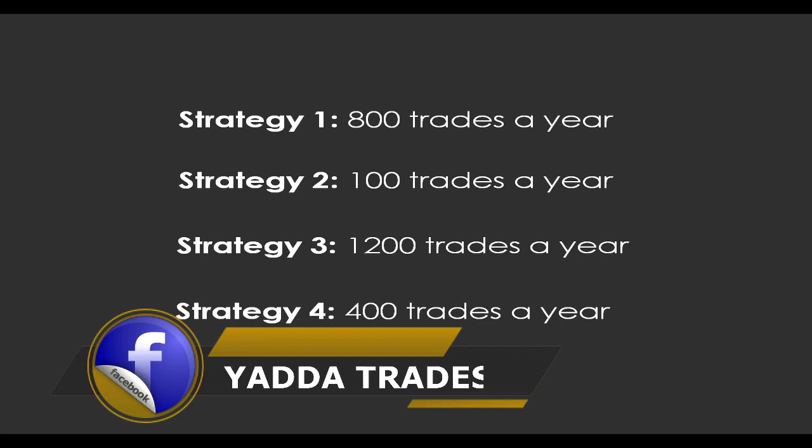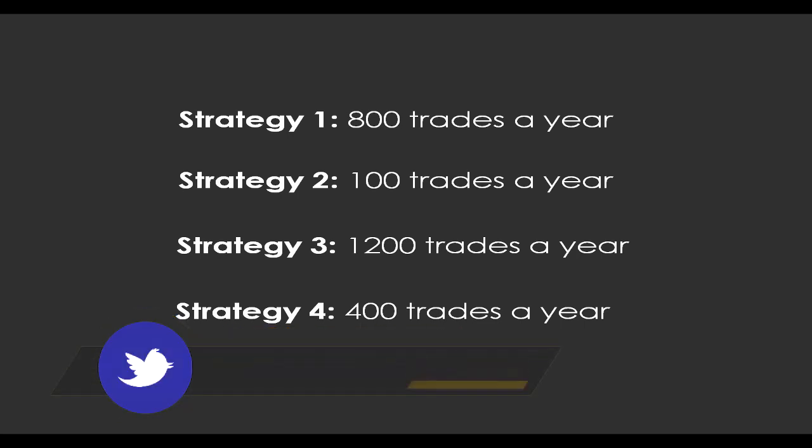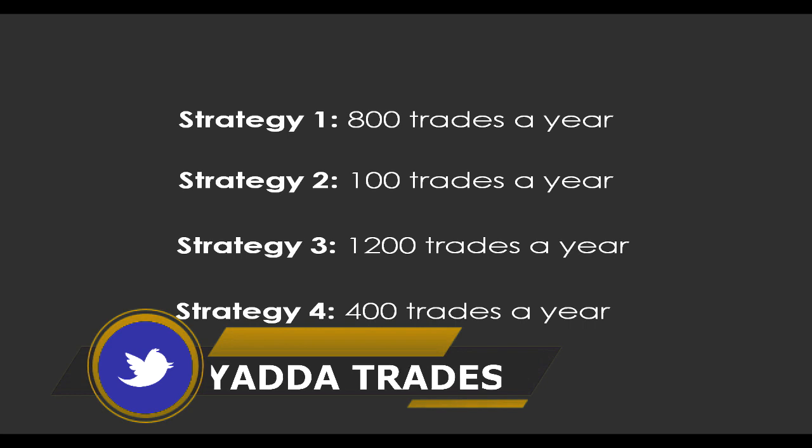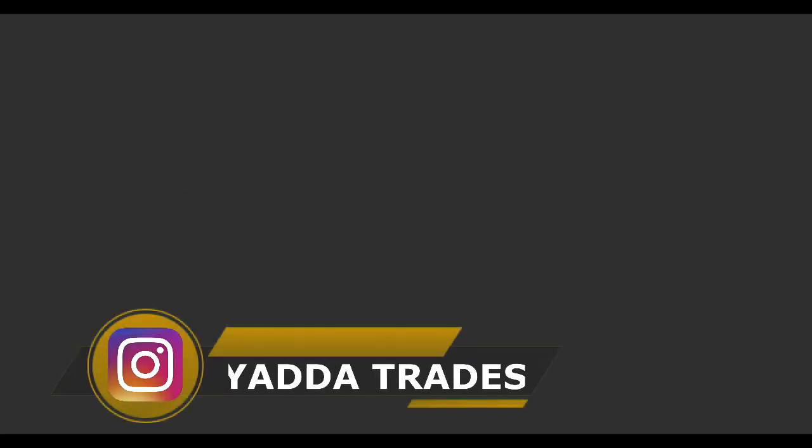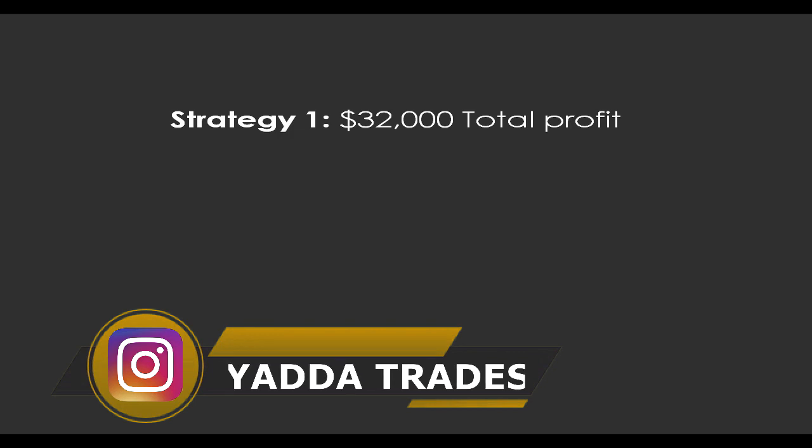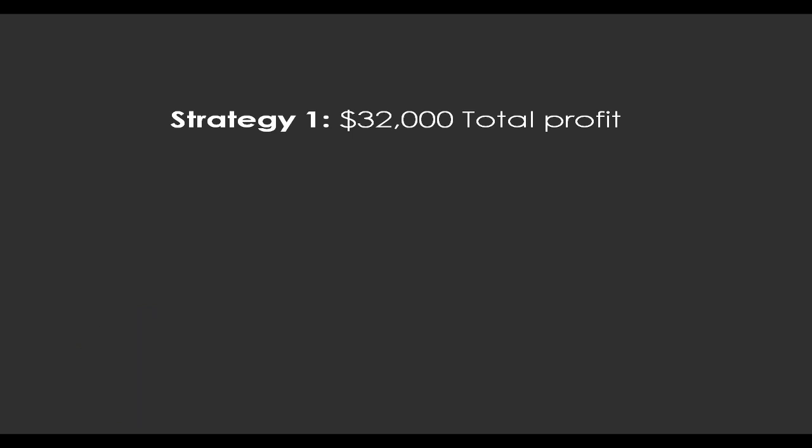Okay, so let's actually take a look at these. Again, we're assuming $100 risk per trade. So let's take a look at it. Strategy 1 ends up producing a total profit of $32,000. How did we do this? Well, it's 800 trades a year, right? And the average risk is $100 with an expectancy of 0.4.